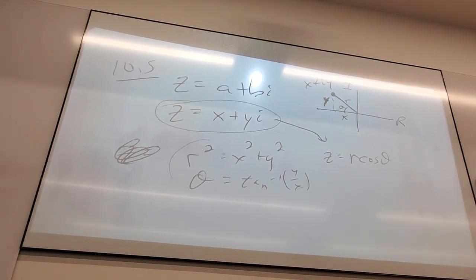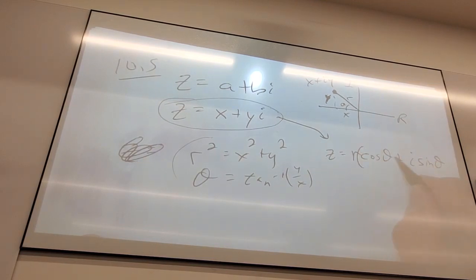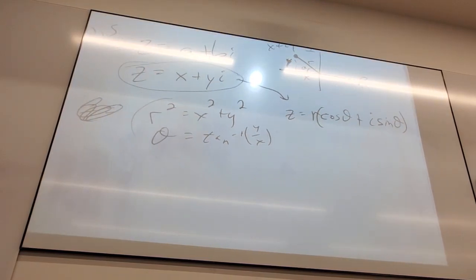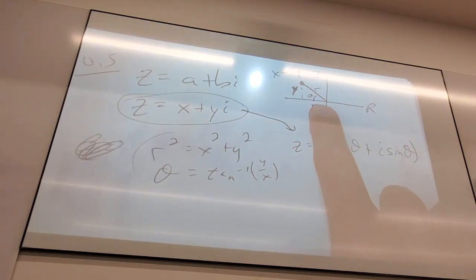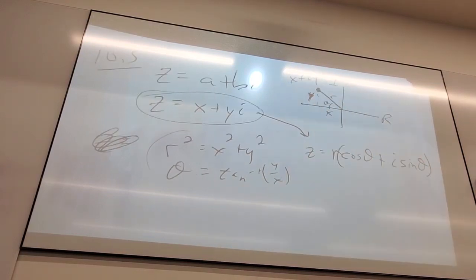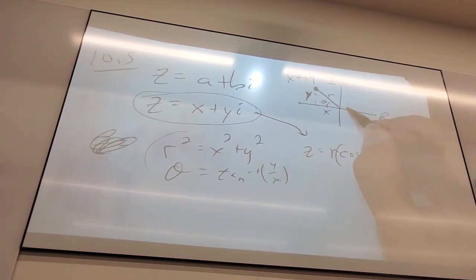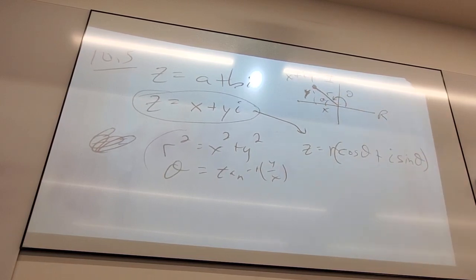If you know that cosine likes x, sine likes y, it's insane the number of things it makes easier to remember. Plus i, so what would y be then? R sine theta. So I can write a complex number in this form, because if we realize a complex number exists in the real-imaginary plane, then to get to it, I can rotate through an angle and go out a distance. That's polar coordinates.